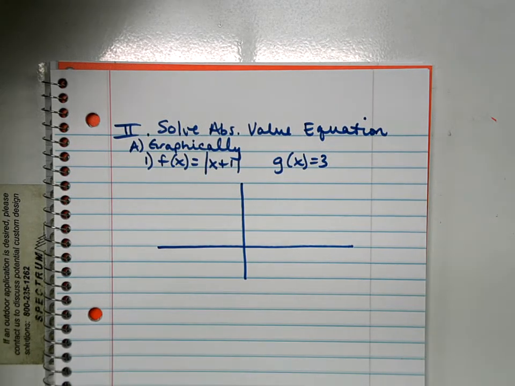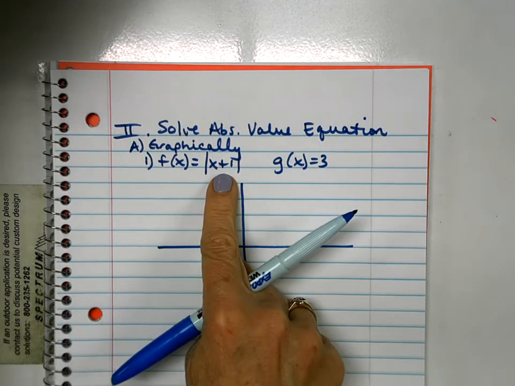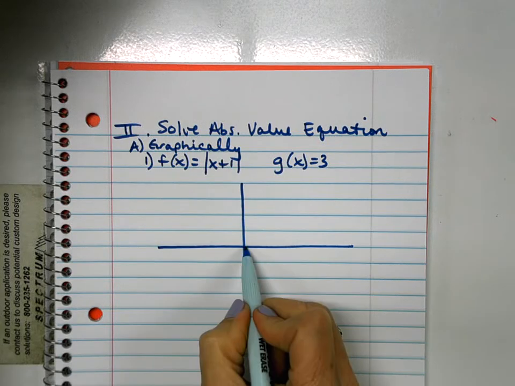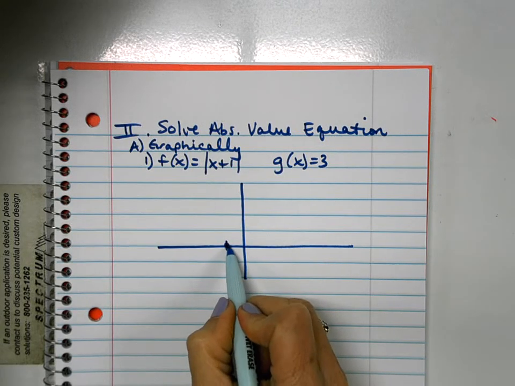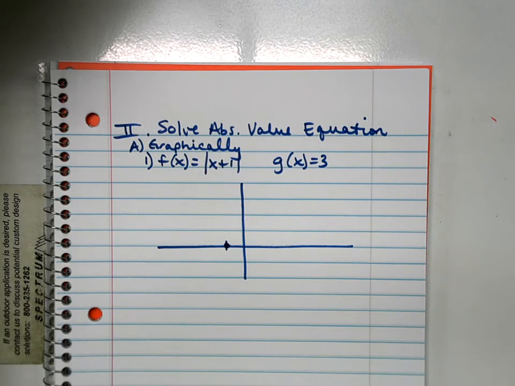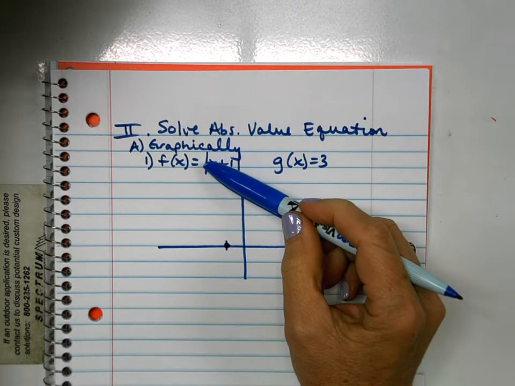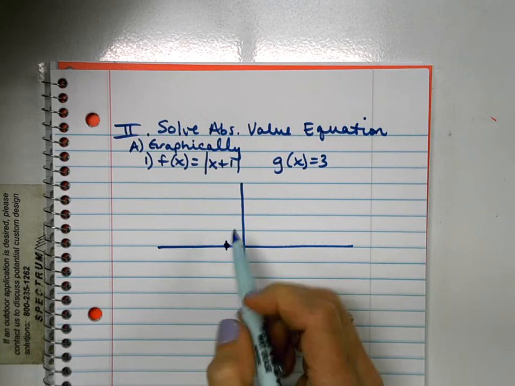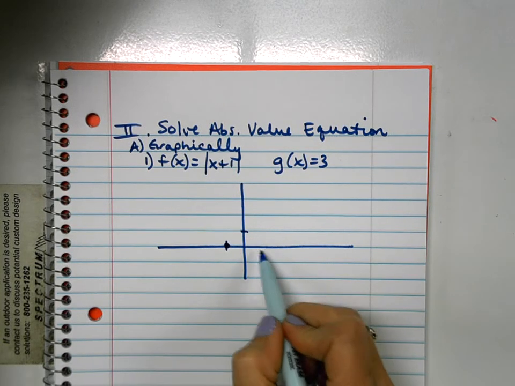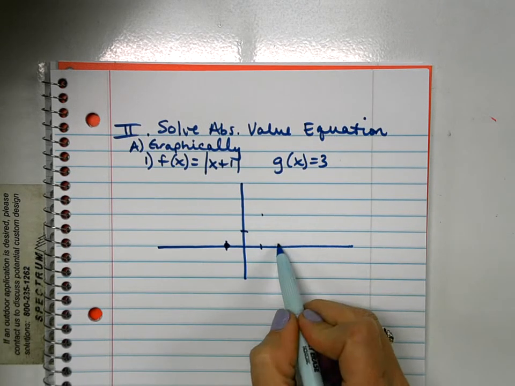And we're going to take this absolute value graph and shift it which way, if the 1 is inside the absolute values? Left 1, right? So normally what was right here has now been moved over here. That point is my vertex. And then the slope is the number in front. And what's understood to be there? A 1, right? So you're going to go up 1 over 1, up 1 over 1, up 1 over 1.